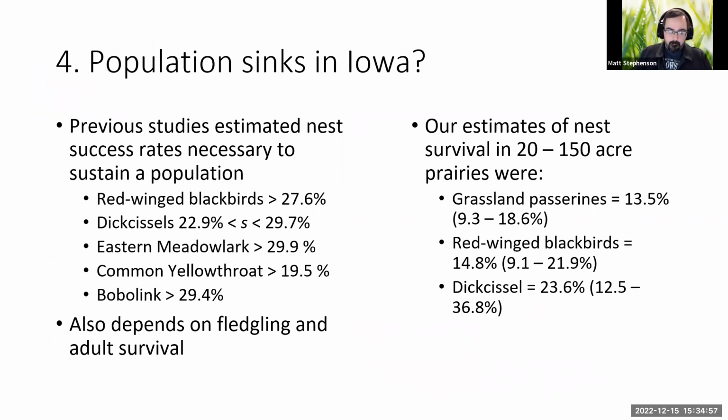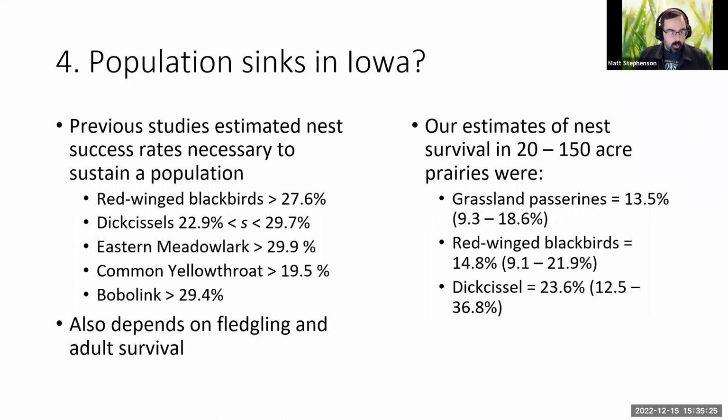So we set up our study to compare prairie contour strips to large patch prairie restorations that our expert opinion felt was representative of the best habitat that was available in Iowa. And the idea is that if nest survival is equal between these two, then we don't have anything to worry about. But it is not a bad idea to also check some benchmark numbers that have been published.